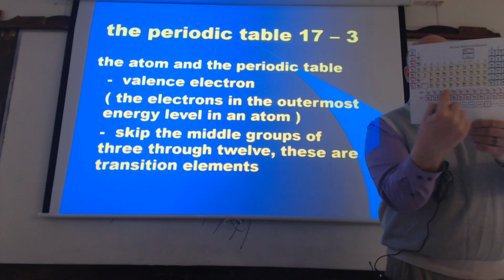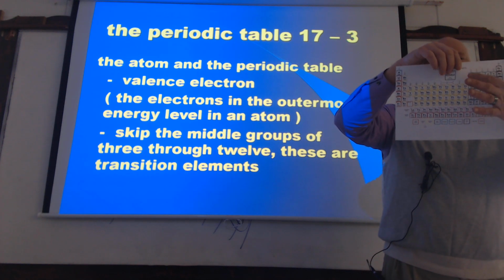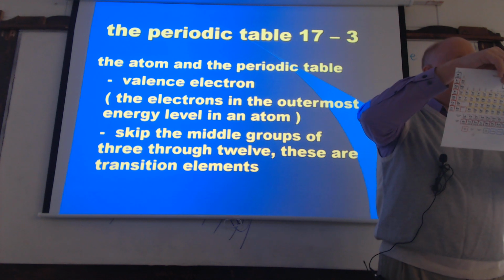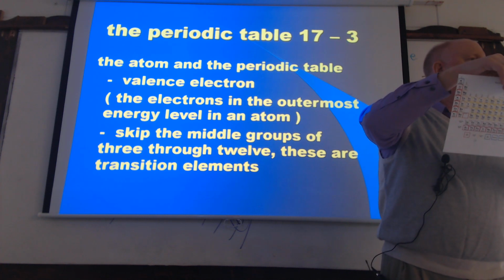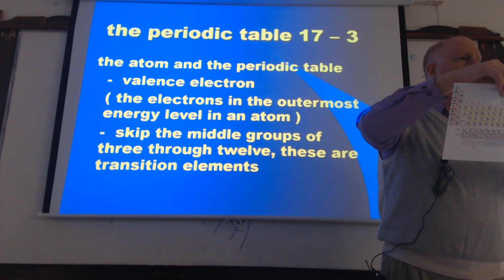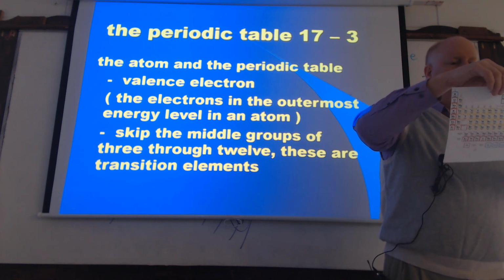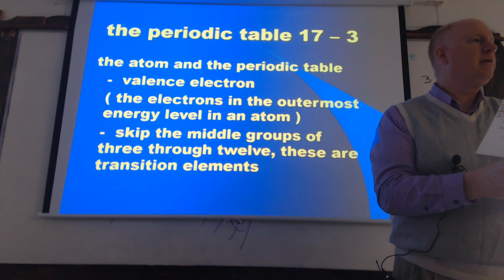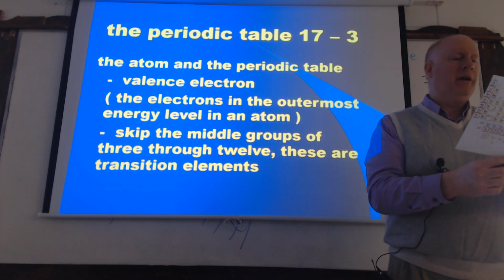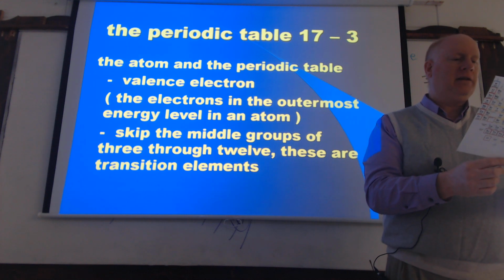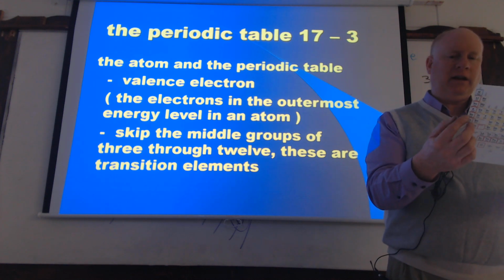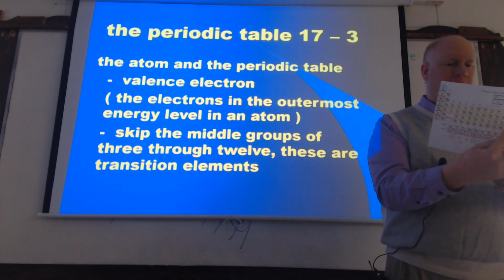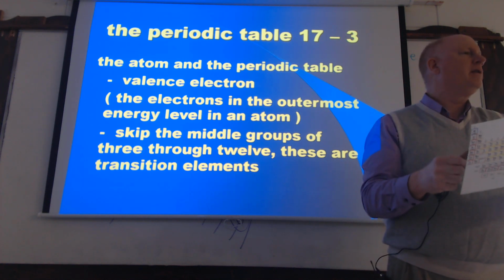Some of these have various charges, and then for the most part, you go by the top element in that family or group. Well, it just depends if it has a +1 or a +3 charge. But really, when you look at it, it's 5s2, so it's got 2 valence electrons.